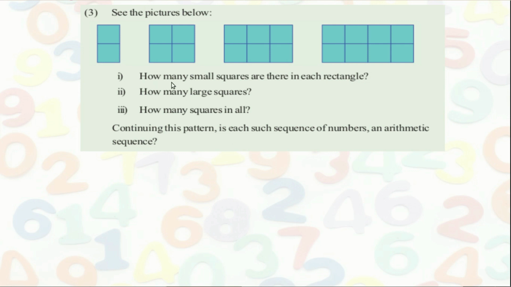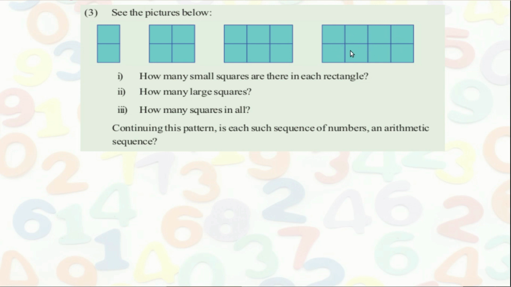So let's consider the first one. How many small squares are there in each rectangle? So in the first rectangle, you have 2 small squares. In the second, you have 4 small squares, and in the next, you have 6 small squares. And in the fourth one, you have 8 small squares.